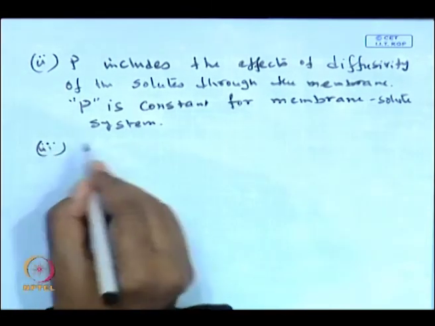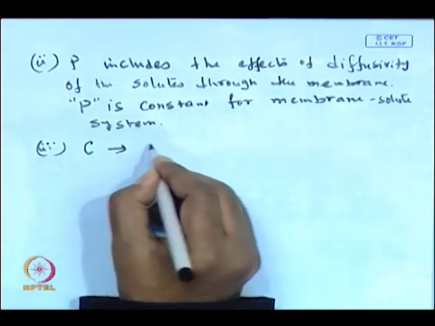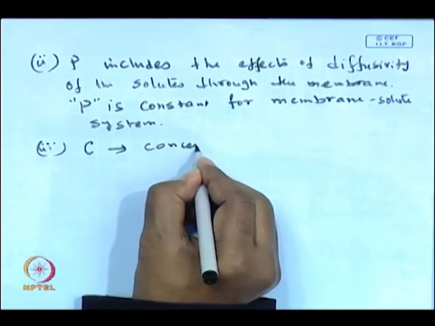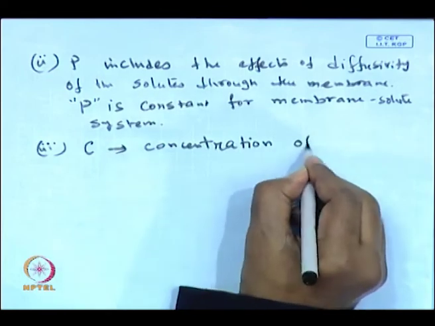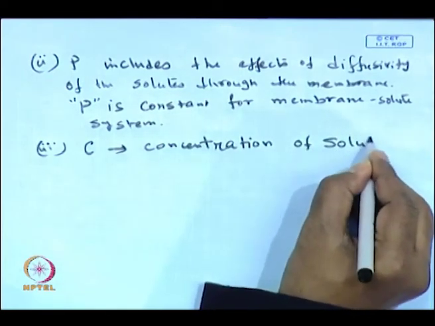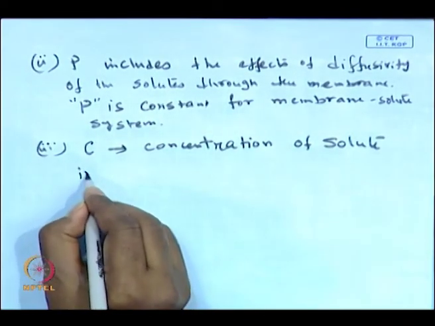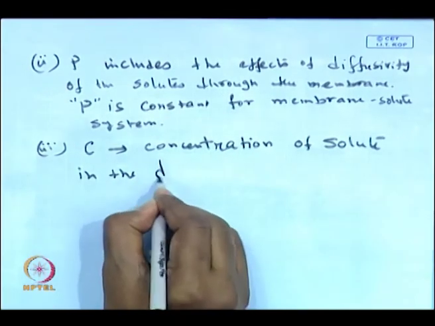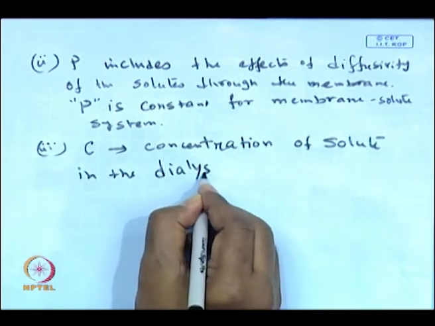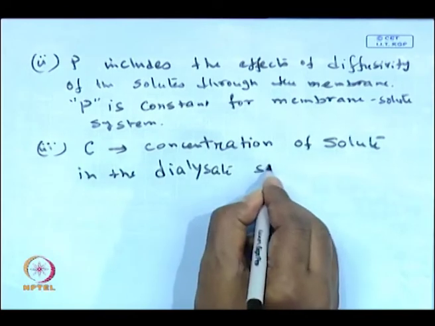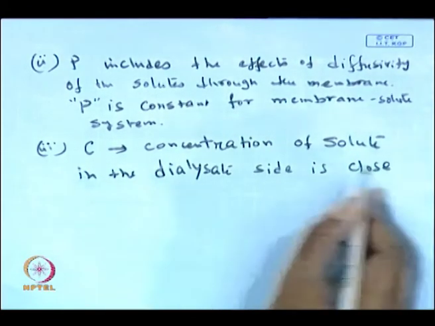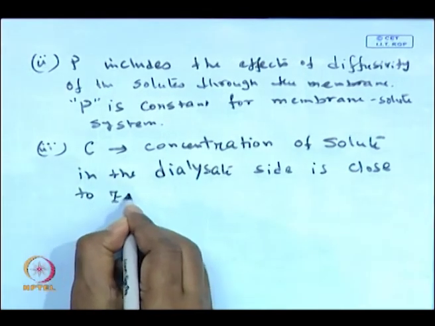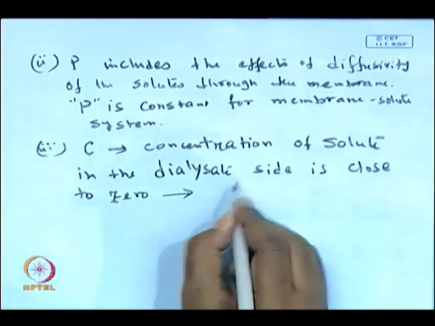Third is the concentration of solute in the dialysate side is close to 0. That means it is extremely dilute.